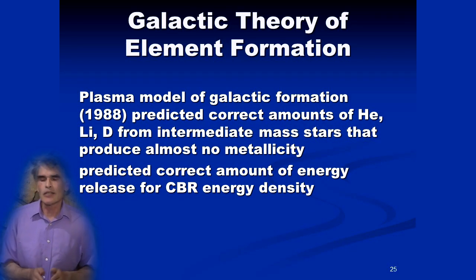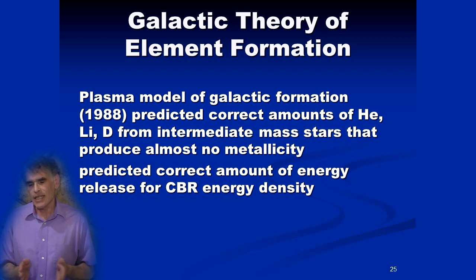Now this is completely consistent with a galactic theory of element formation, which was proposed by many people before me, but I elaborated in 1988 based on specific plasma predictions.